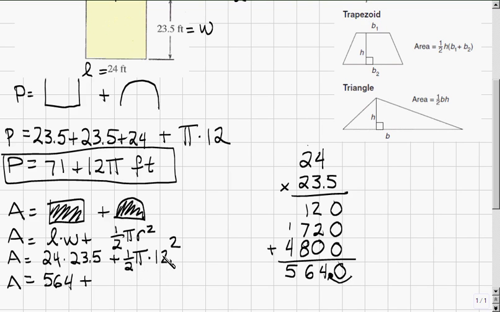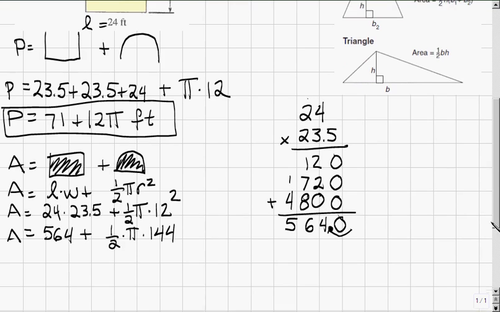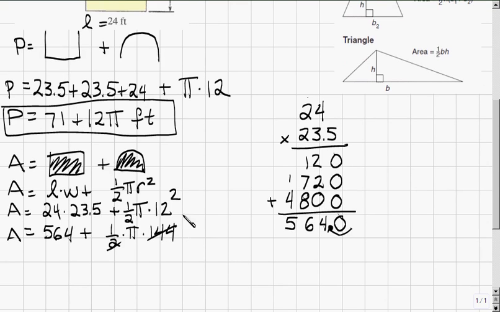Well, using order of operations, we'll first find 12 squared. 12 squared is 12 times 12, which becomes 144. 1/2 times pi times 144. Now, if we neglect the pi for a second, we have 1/2 times 144, and half of 144, 2 will go into 144 72 times.